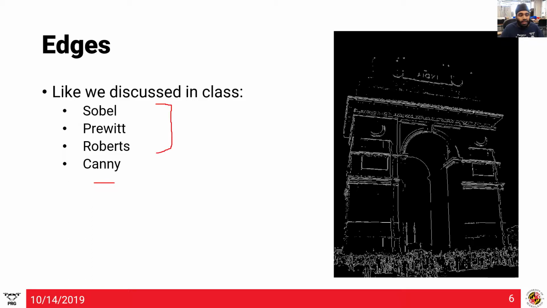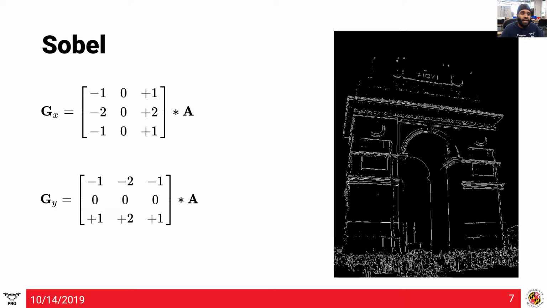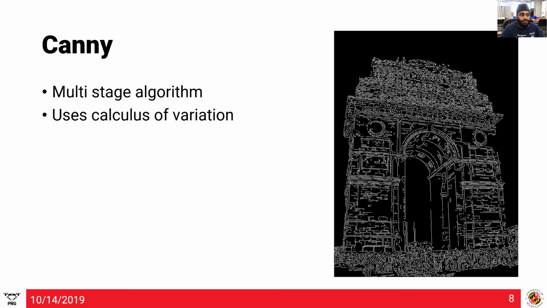These three had fixed matrices, or kernels, which were convolving with the images, and Canny had an algorithm which was adaptively trying to find what the edges in the images are, right? So in Sobel, if you want to find the edge in the x direction and in the y direction, we can just convolve given these two kernels, right?